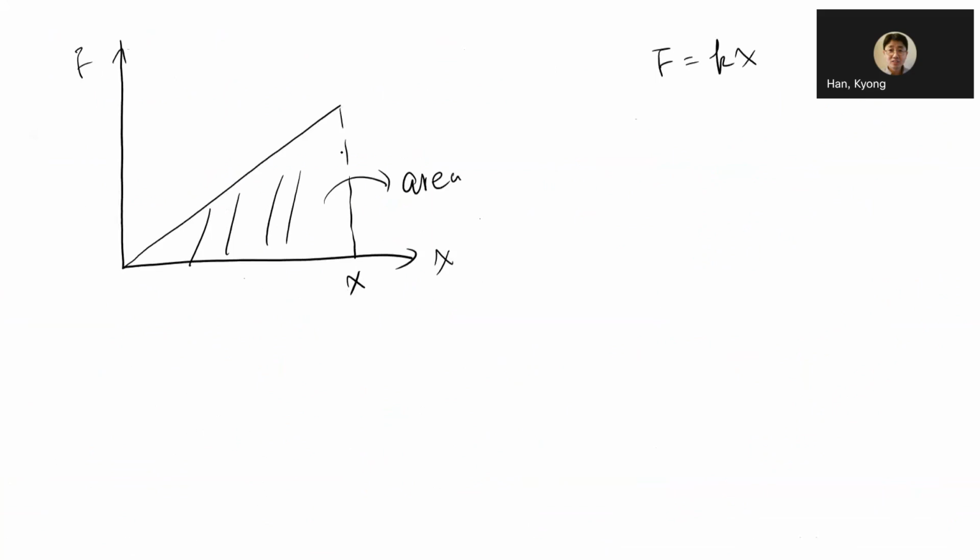This is a triangle with height kx. The area is 1 over 2 times the base x times the height kx, which is 1 over 2 kx squared.